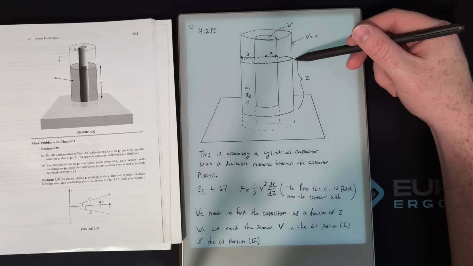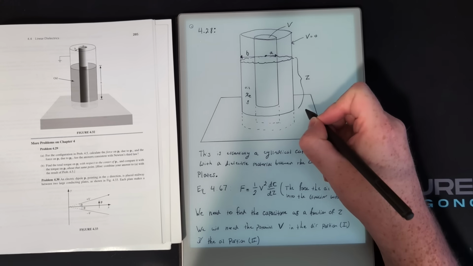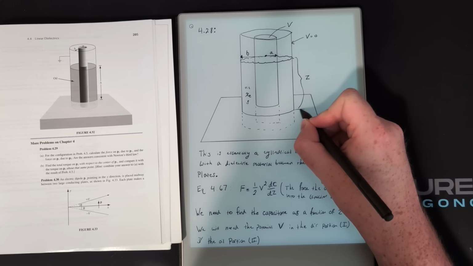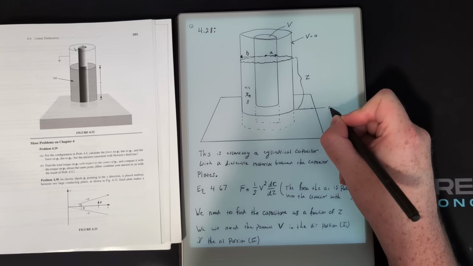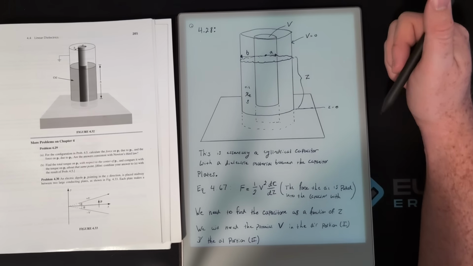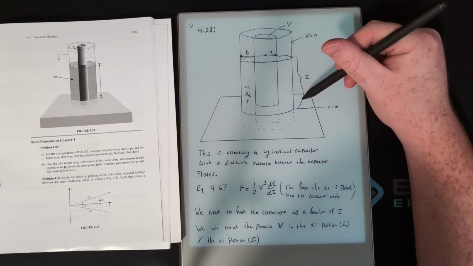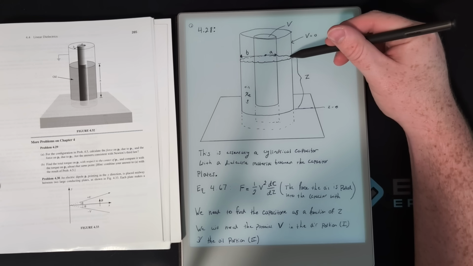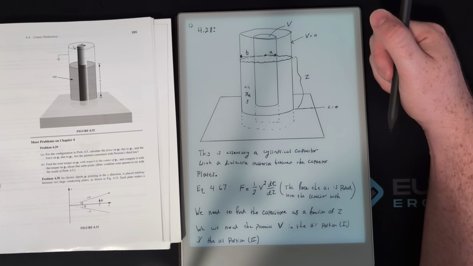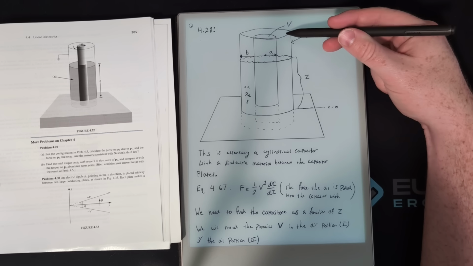If we define our zero to be here, Z equal to 0, how far up is this liquid going to go into the capacitor due to the force it experiences?